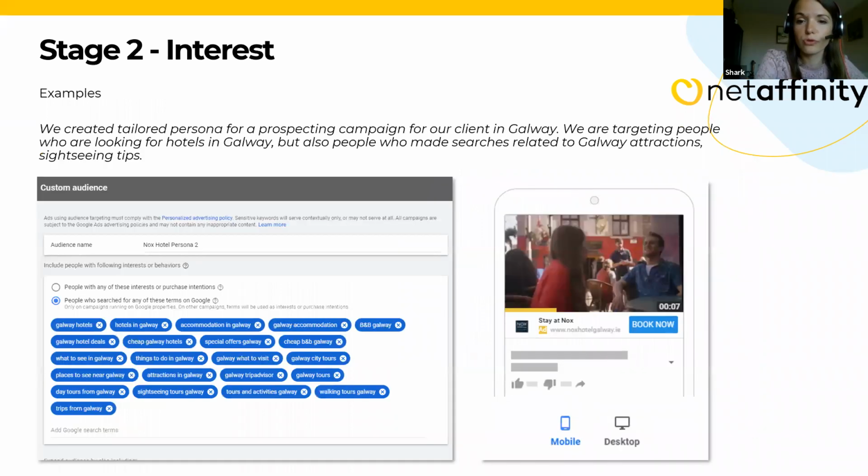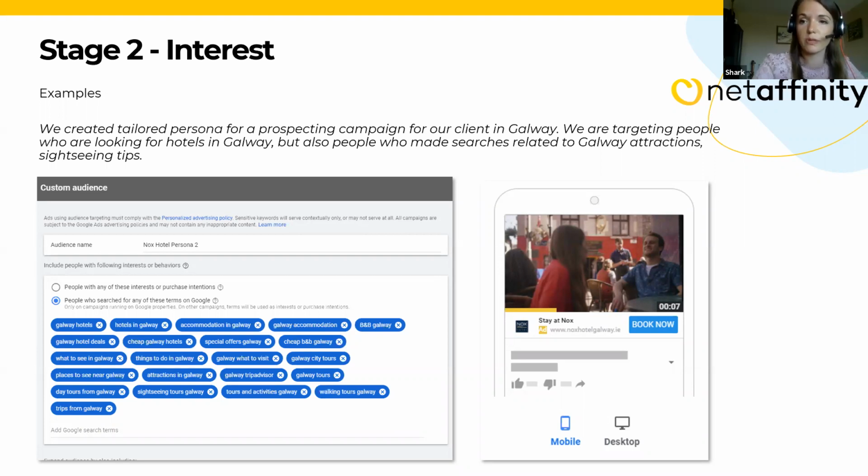I also have a few examples to share with you. We created a tailored persona for a prospecting campaign for one of our clients in Galway. We targeted people looking for hotels in Galway, but also people who made searches related to Galway attractions, sightseeing tips, places to see near Galway, and much more, because those searches expressed an interest in going to Galway.